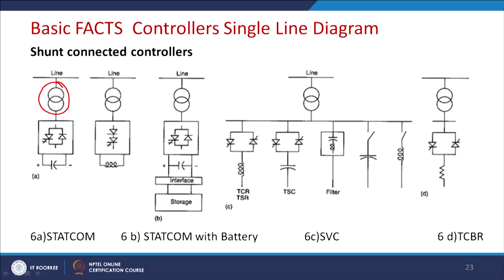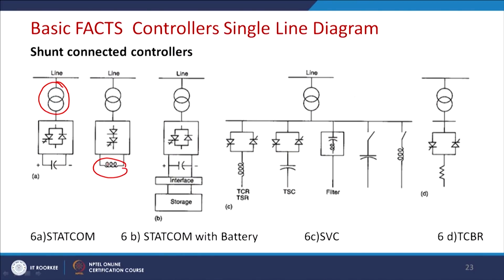If we use a current source inverter, generally we use an inductor. A current source requires a high value of inductor, and for this reason the voltage source solution is cheaper and effective. In most applications we find that STATCOM is operated by a voltage source inverter.